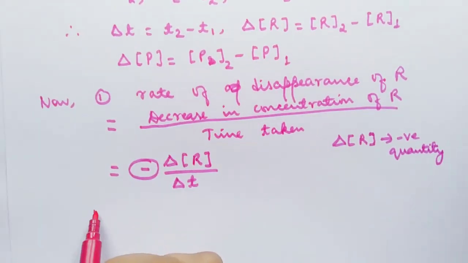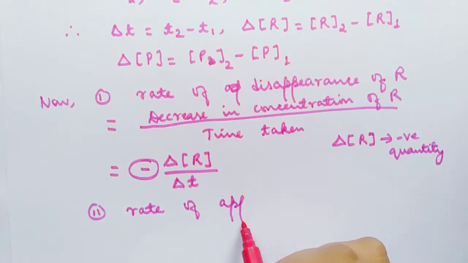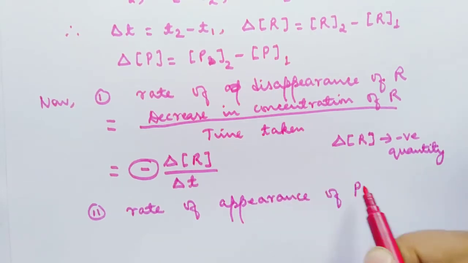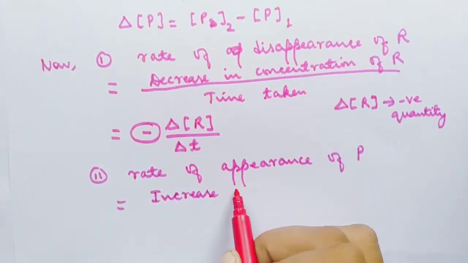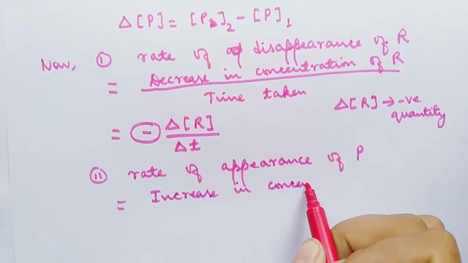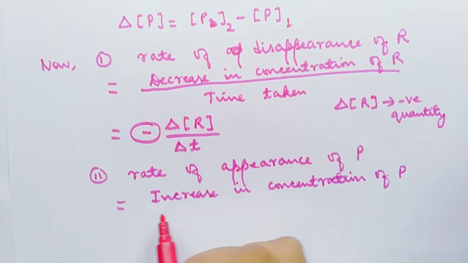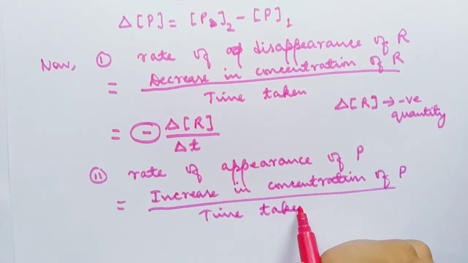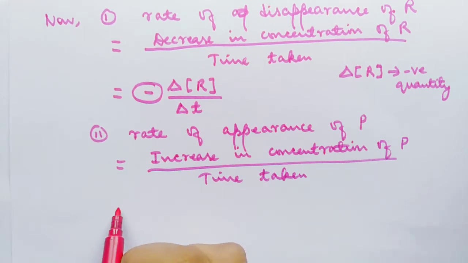That's it. And now rate of appearance of a product P, this is equal to increase in concentration of the product P divided by the time taken. We know that the concentration of P increases as the reaction proceeds, so here we have the positive sign.